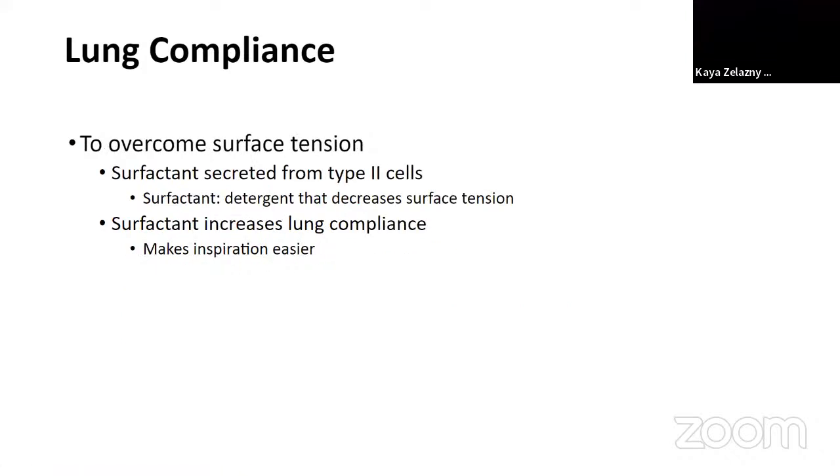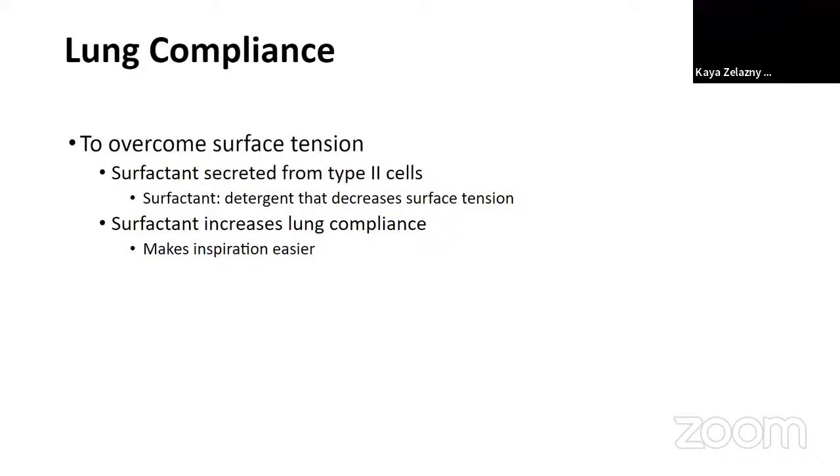Fortunately, we have this substance surfactant. So surfactant is secreted from the type 2 alveolar cells. So not the ones that were creating that barrier for diffusion for gas, but the other ones that are interspersed throughout. And surfactant is basically like detergent. So it's going to squeeze in between the water molecules and stop them from interacting with each other to create surface tension.